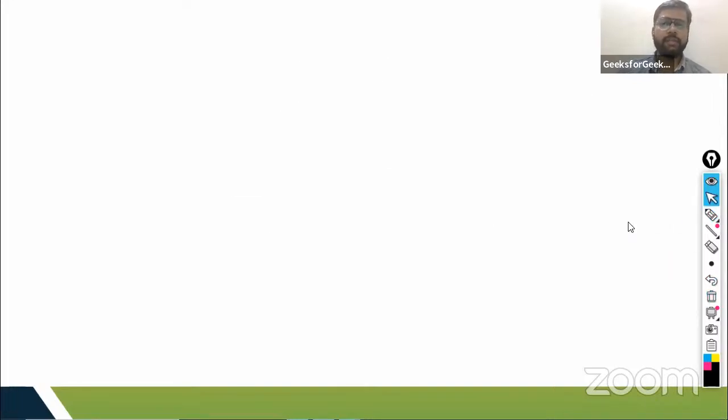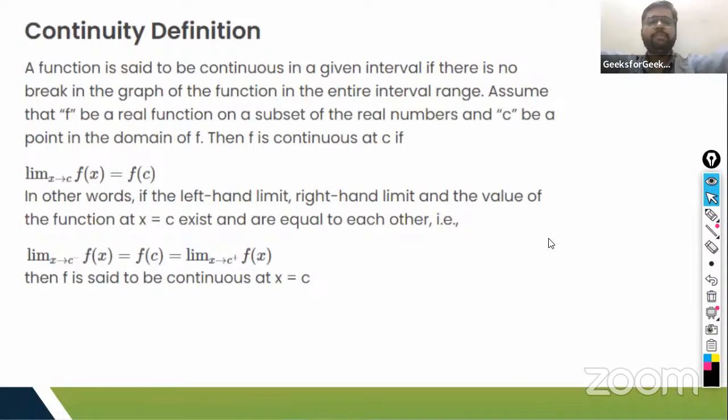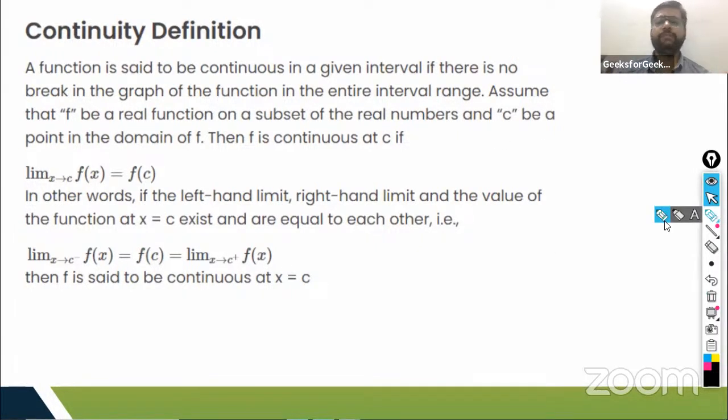Okay. Coming to the next topic. Let me tell you again what continuity was, because yesterday we did some part of continuity. So continuity is nothing but, suppose any function is given, so any function has a left hand limit and right hand limit, right?